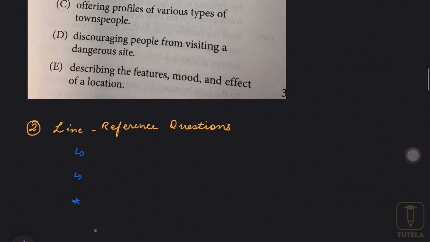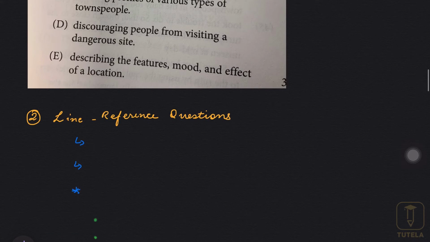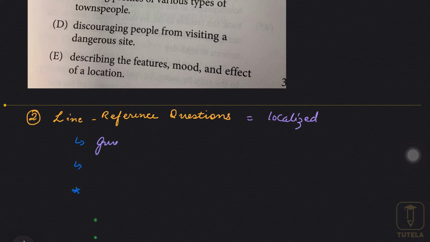Moving forward to the next type of question called line reference questions or line specific questions. These questions are actually localized because we are given a line number to refer to.